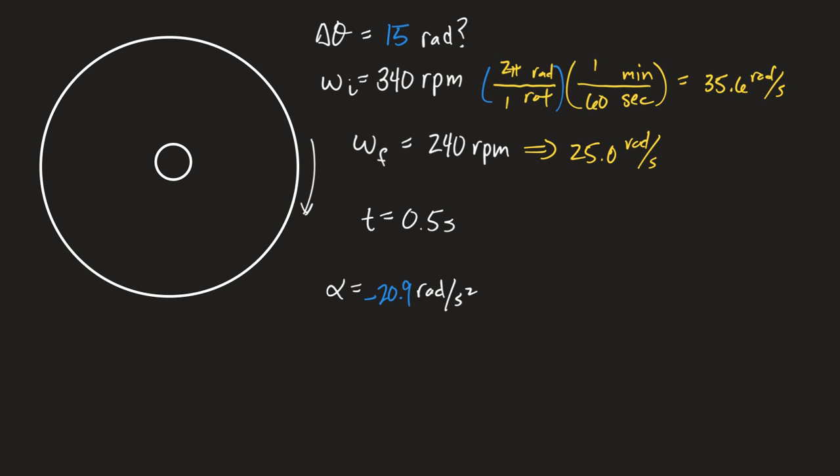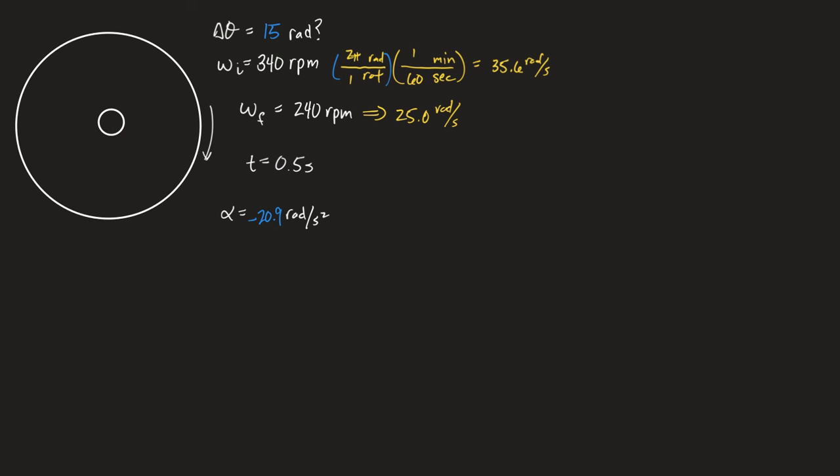Any question about where I came up with any of those pieces? Is that enough, or do you want me to continue? I can continue. To get delta theta, I could use delta theta equals 1/2 times initial plus final times time.